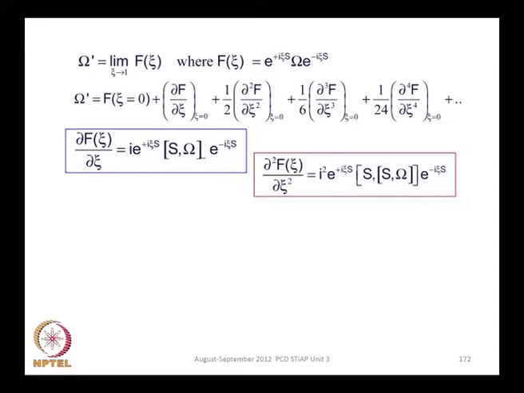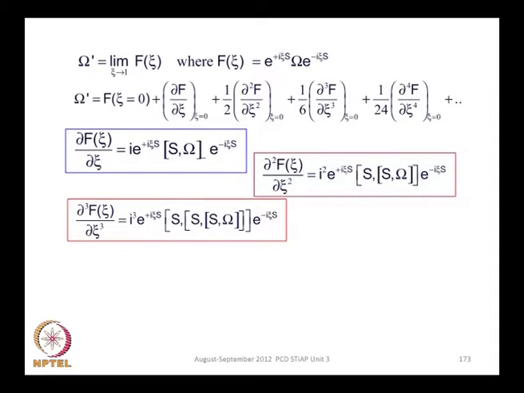Now if you do the same thing and get the second derivative, you will get more commutators, and this is a very nice series that you get. It is a beautiful series. So you get the commutator of s comma omega with s, then you get another commutator when you go to the third partial derivative.